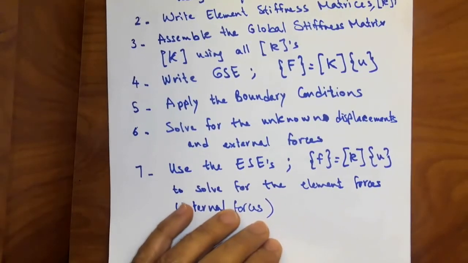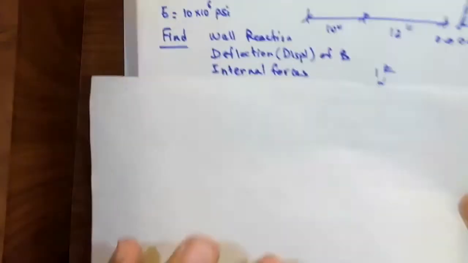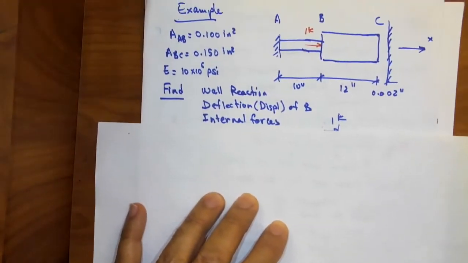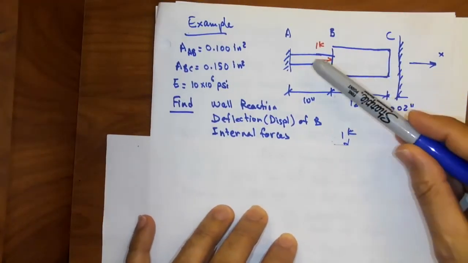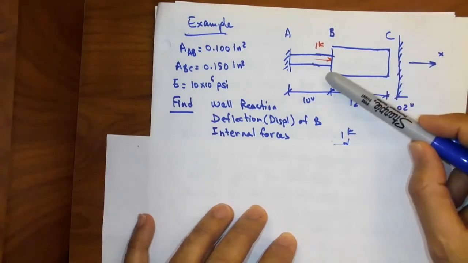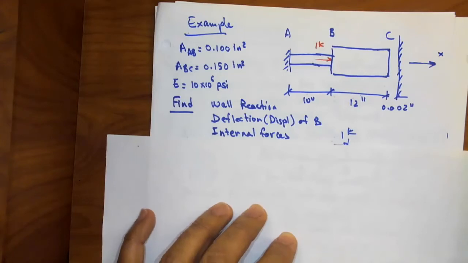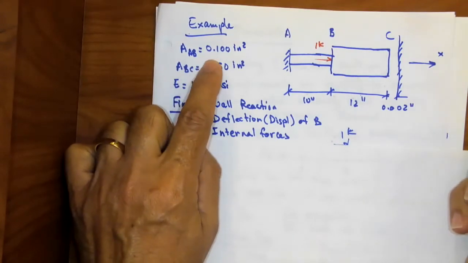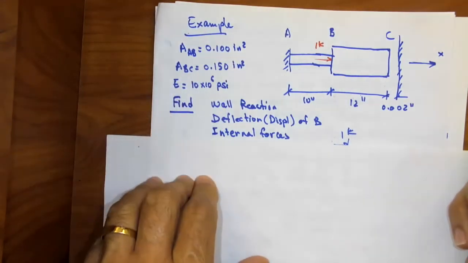We want to apply these steps today to solve an example here of two cylinders, AB and BC, that are connected together. AB has an area of 0.1 square inch.